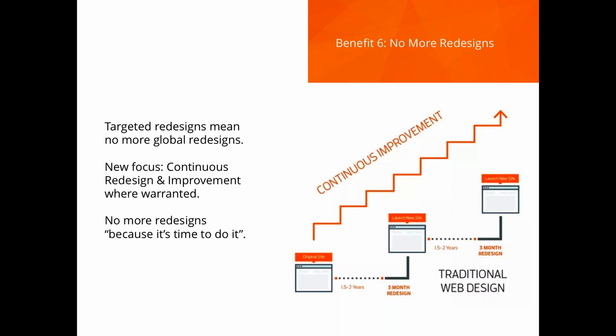Well, it's been 2 years, and I looked at my competitors, and their site's pretty good, so I guess we'll go and spend 100 grand on a new site, and we'll deal with it again in 3 years. That's not the way to look at it. You really have to look at it as an ongoing commitment, which should mean lower upfront costs, but will mean more ongoing costs in terms of client-agency relationships. But again, why wait 3 years to analyze results?